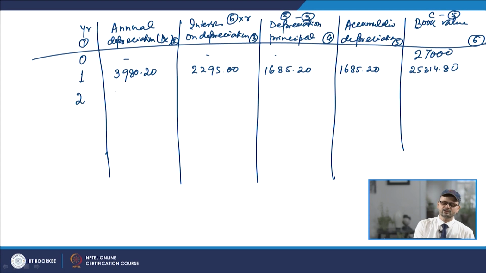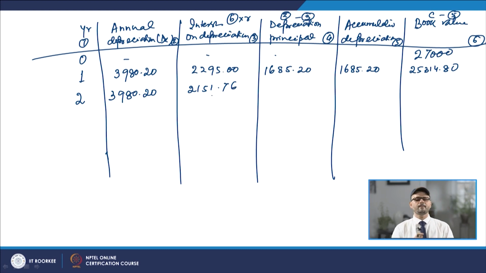In the second year, the annual depreciation amount is constant. The interest on depreciation will be 8.5% of the book value, that is 6 into R, 0.085. This amount will be 2151.76, and then once you calculate 2 minus 3, it comes out to be 1828.44.